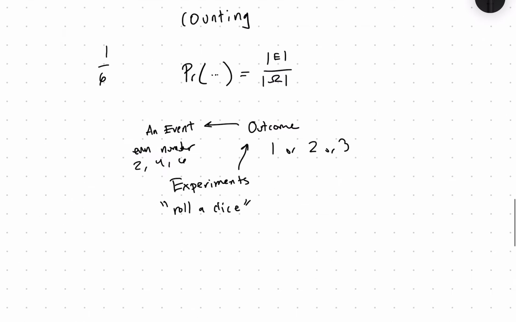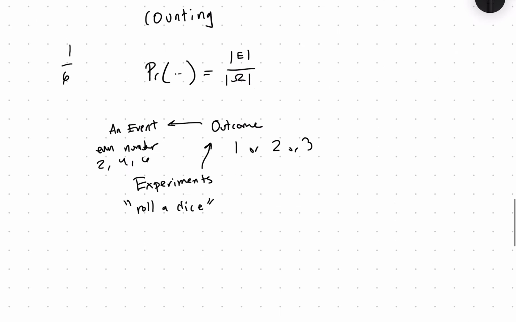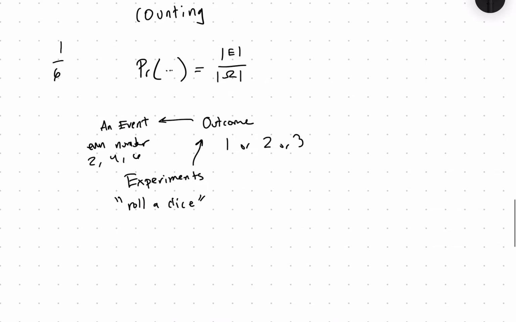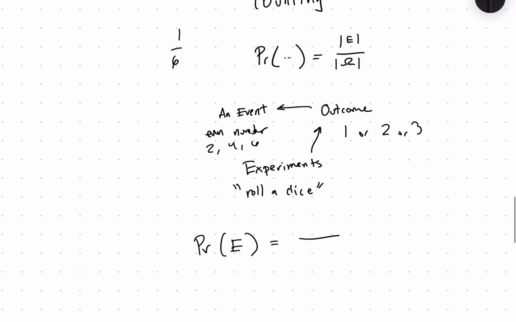So once we have those 3 vocabulary words, and maybe set theory, this notation makes more sense, but realistically you don't need to know too much about that. You just need to know the probability of the event equals, sorry, one more, the sample space.